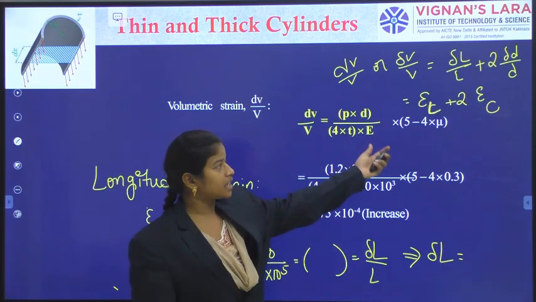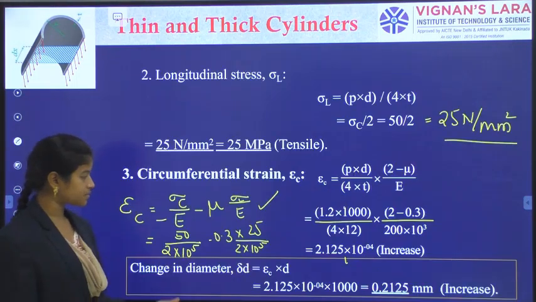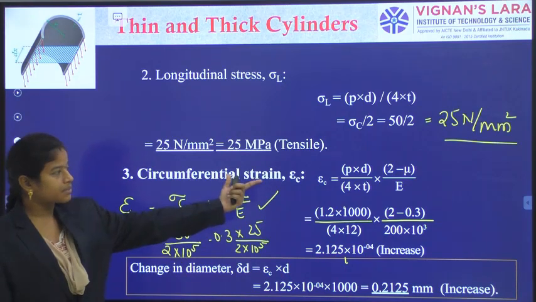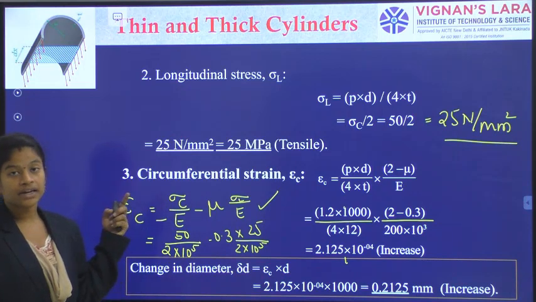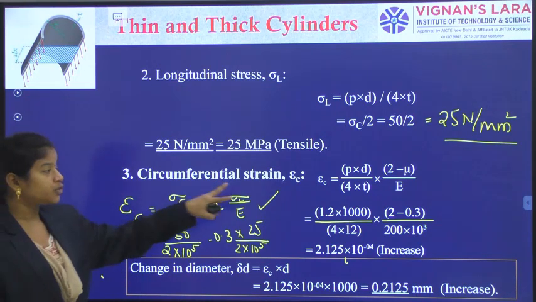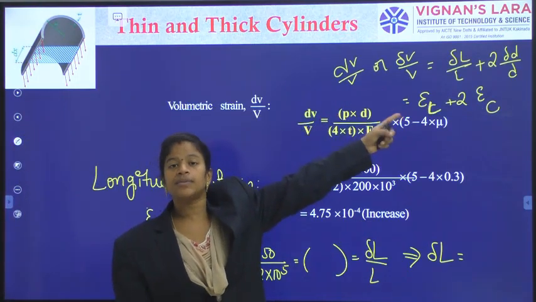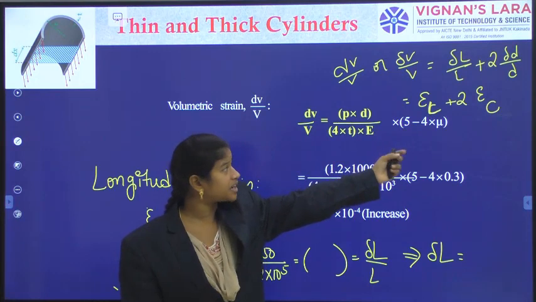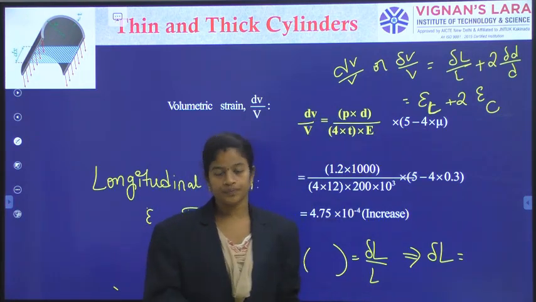So substituting epsilon L and epsilon C, which we have generated in the previous step: for the circumferential strain I have got PD by 4tE into 2 minus mu, and for L I have got PD by 4tE into 1 minus 2 mu. Using these two formulas and substituting in the volumetric strain formula, I have got a final rearrangement as PD by 4tE into 5 minus 4 mu.